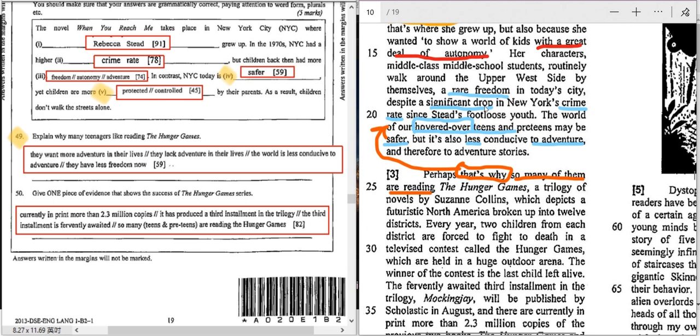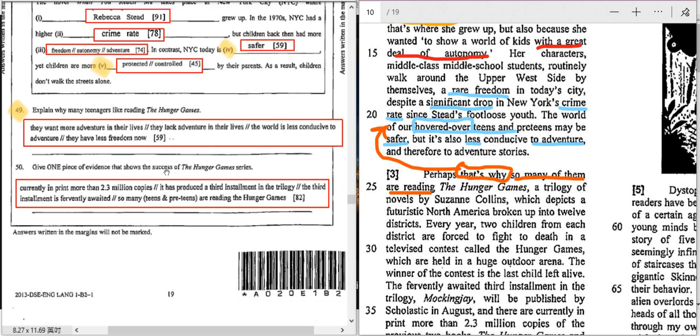So going back to the blue, because of the fact that the crime rate is lowering, but at the same time they are being protected and sheltered by their parents, and they are enjoying less freedom, and they are having few opportunities to have adventures. That's why they are reading the Hunger Games and they are enjoying the series. So if you put all those bits together, you get this answer.